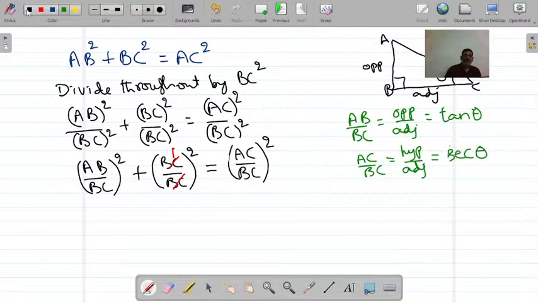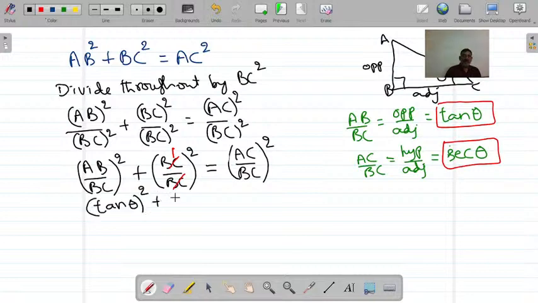Okay, I think by this time you understood what we are going to get here. So AB by BC can be replaced by tan theta and AC by BC can be replaced by secant theta. So if we write them, I get tan theta whole square plus 1 square is equal to secant theta whole square.